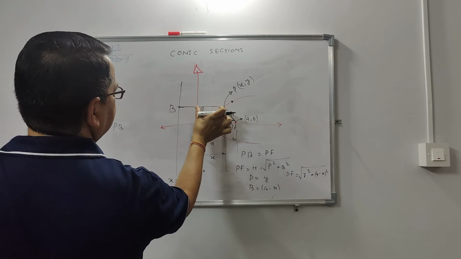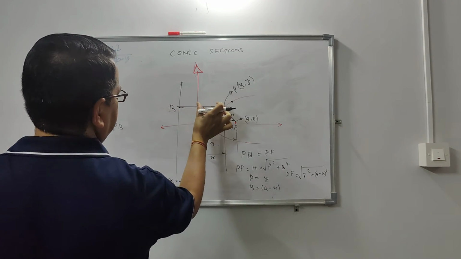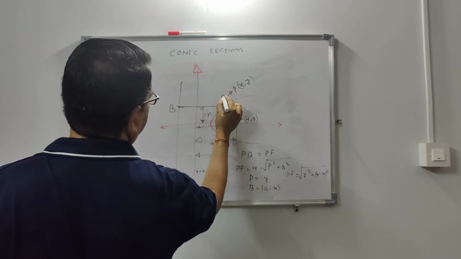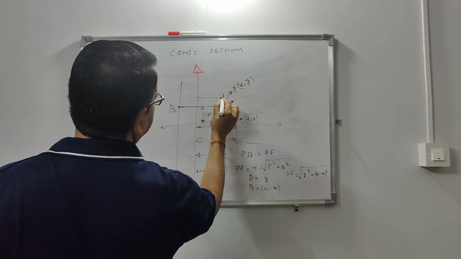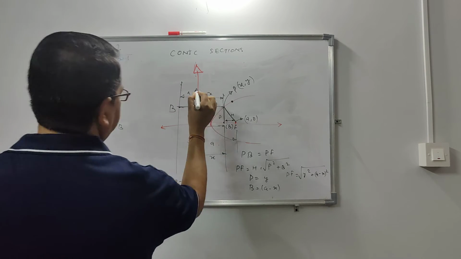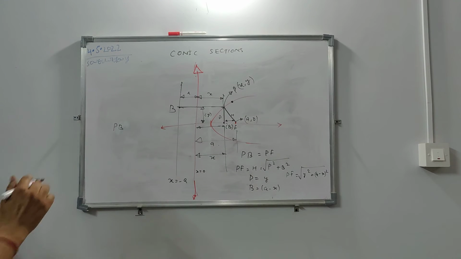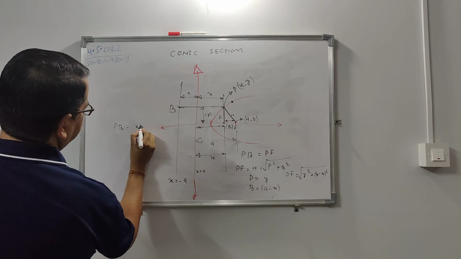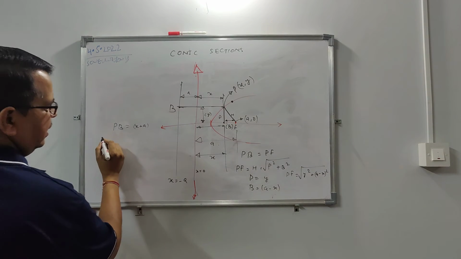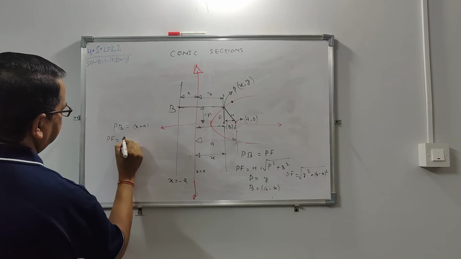I know this point is at a distance x, and this is also x. This distance is x and this distance is a. So PB is equal to x plus a. You have to equate both, so PF is equal to PB.